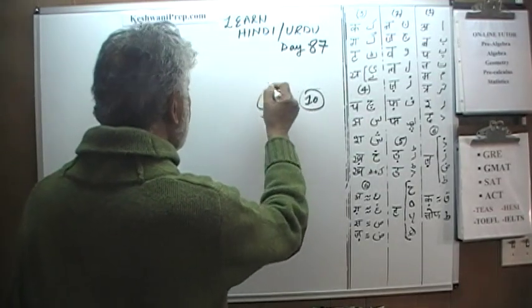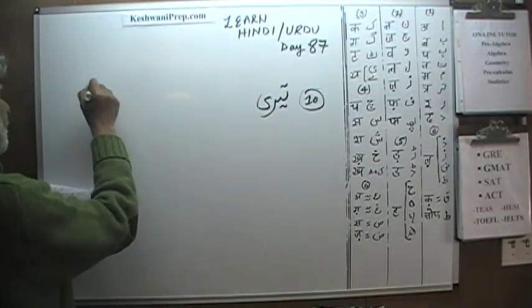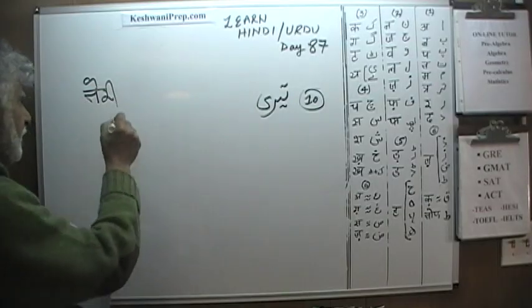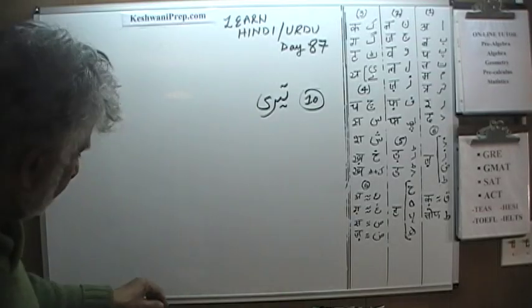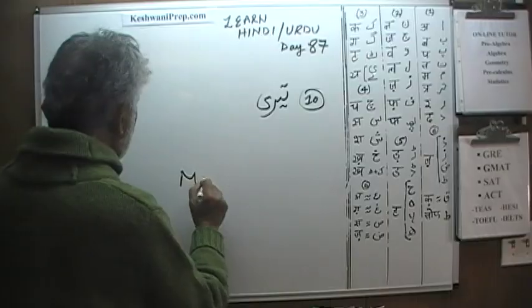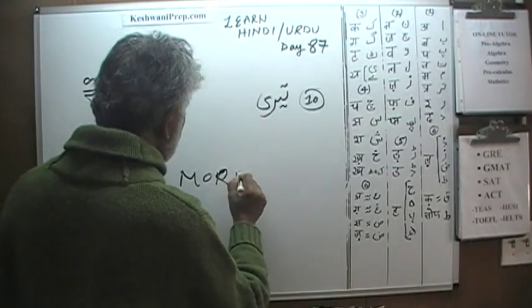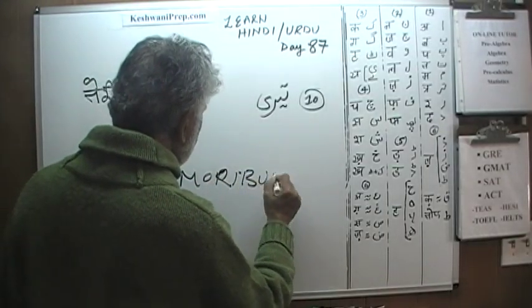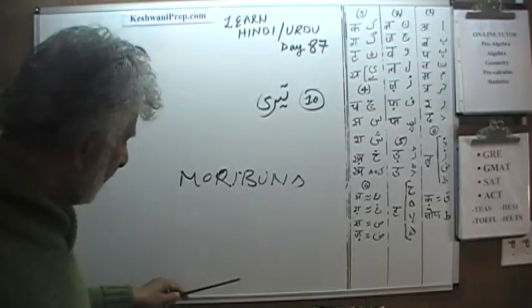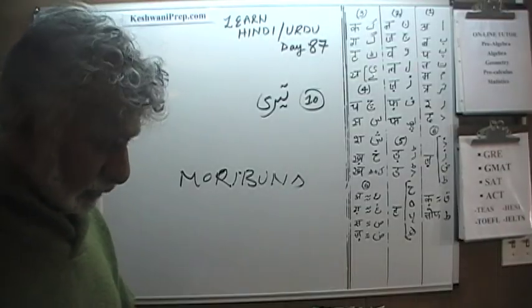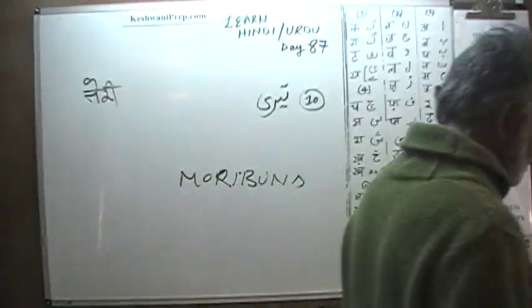Teri... I think I need to change the marker. This marker is dying. This marker is moribund. M-O-R-I-B-U-N-D. Moribund. I don't know why I'm doing it.